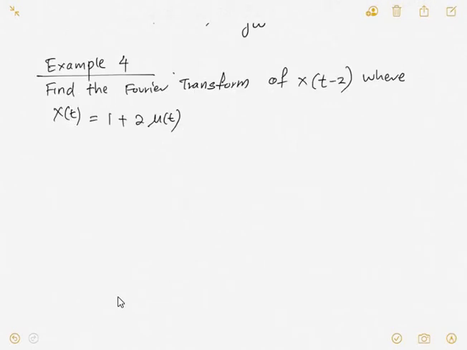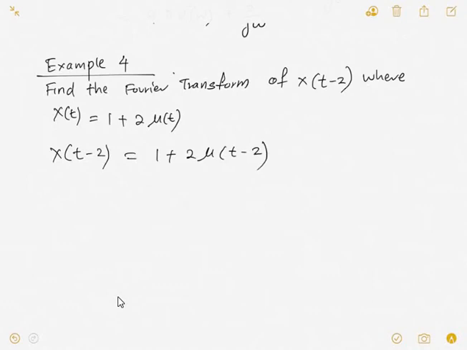Okay, let's look at this example. Find the Fourier transform of x(t-2) where x(t) is 1 plus 2u(t). So you know that x(t) is 1 plus 2u(t) and x(t-2) is equivalent to 1 plus 2u(t-2), because t is replaced by t minus 2.